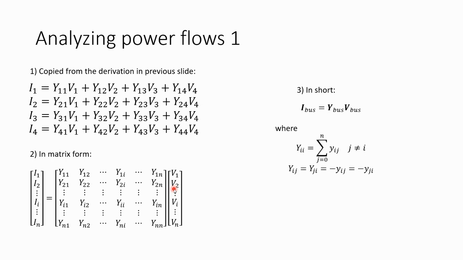In this case, a 4-bus network with 4 equations is still quite manageable. But imagine when the network becomes larger later on, and we have even more parallel equations, matrix will be very useful. So converting them into matrix is simply rearranging by factoring out all the voltage onto one side, and the terms of all the voltage into another matrix like this, and the current into another matrix like this.